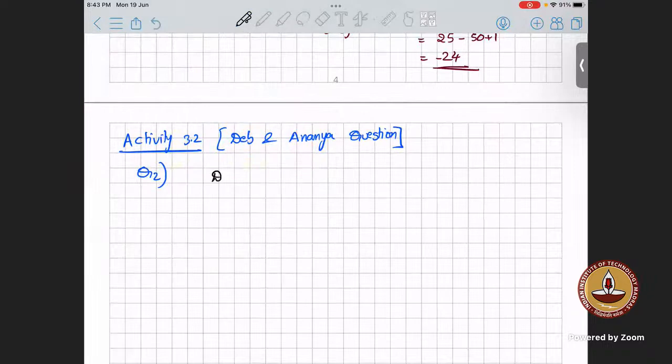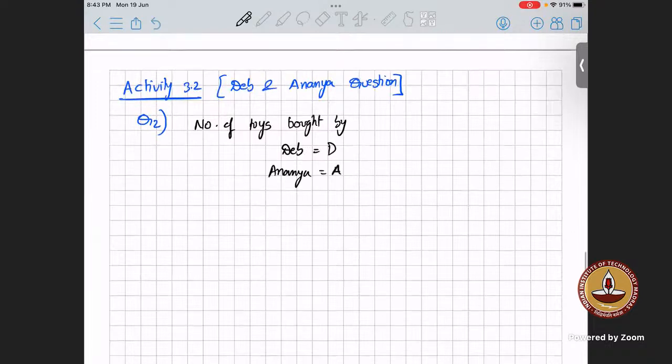Let the number of toys bought by Deb equal D and by Ananya equal A. They said that they both bought 20 toys. So D plus A equal to 20.